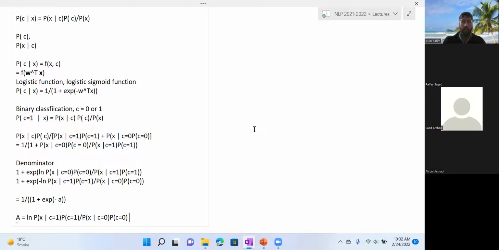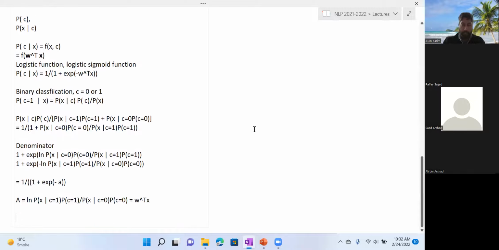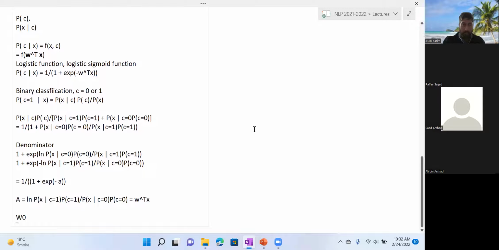So this is our a, and this thing we are writing in terms of x as a linear model. What is W transpose X? Essentially it is W naught X naught plus W1 X1 plus W2 X2 plus, of course.